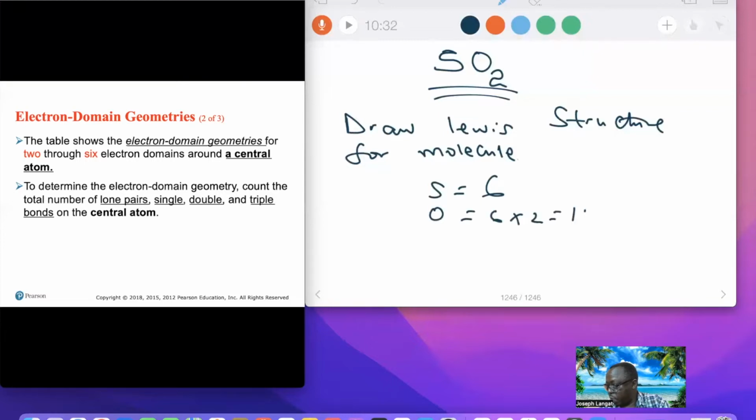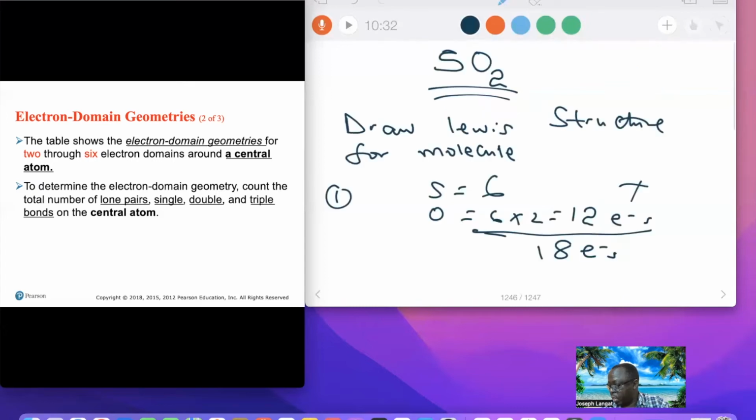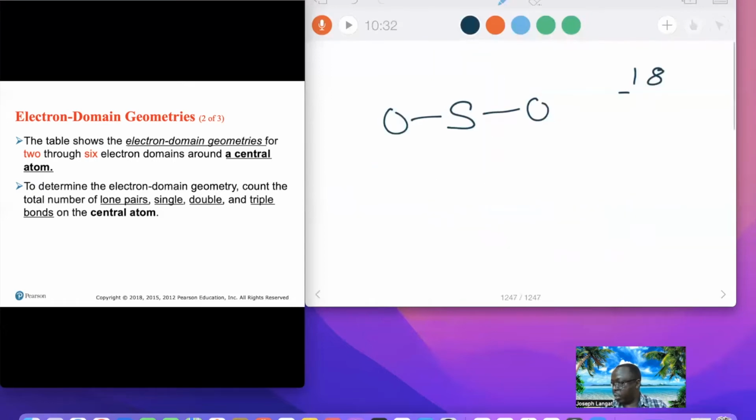So here is 12 electrons plus 6, we have 18 electrons. Rule number 1, count the total number of valence electrons. Rule number 2, draw the skeleton. Sulfur is at the center, bonded to 2 oxygens. We have used 4 electrons. 18 minus 4, we are remaining with 14.